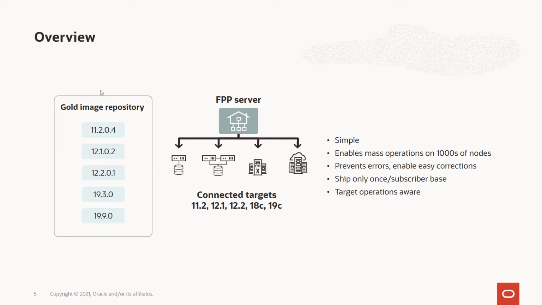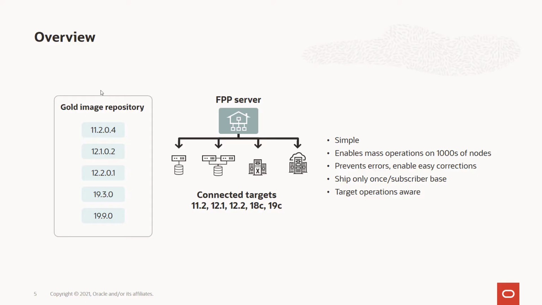The concept is that it is a central server, and from a central point, the customer can simply operate on a large fleet of databases, doing several kinds of patching and provisioning activities.